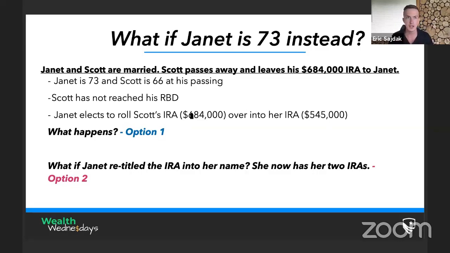So the only thing that changed is now Janet has to take out RMDs, but that's because she's over 72. If Janet retitled that account into her name, the same thing would happen. She'd still have to take out RMDs on that full $1.2 million of value, if you will.